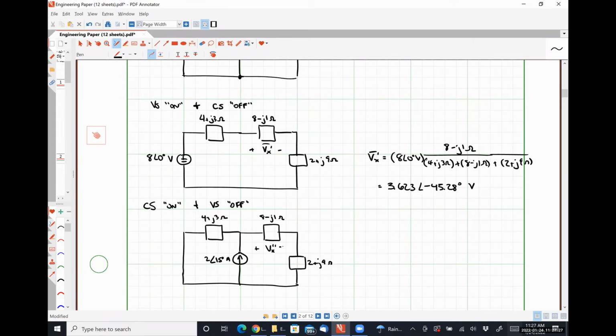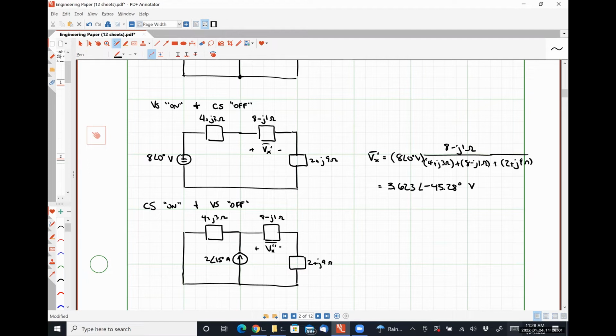So there's really two ways we can go about getting this voltage. One is if we multiply this current, 2 angle 15 degrees amperes, by the combination of 4 plus J3 in parallel with the series combination of 8 minus J1 plus 2 plus J9, we get the voltage drop over everything, and then we could do voltage division.